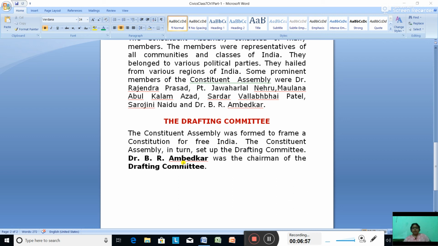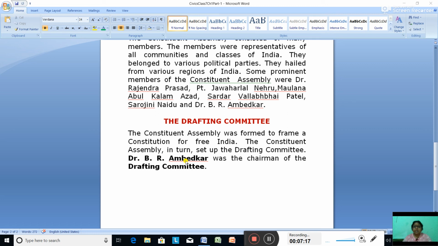The next thing which you have to know is the adoption of our constitution. Our constitution was formally approved by the members of the Constituent Assembly on 26 November 1949.